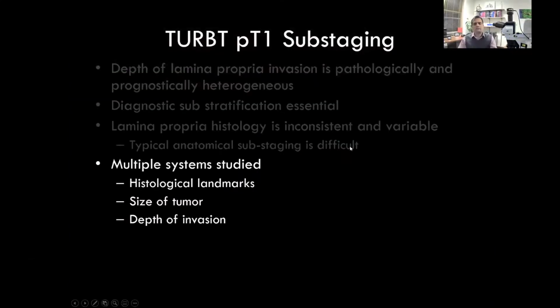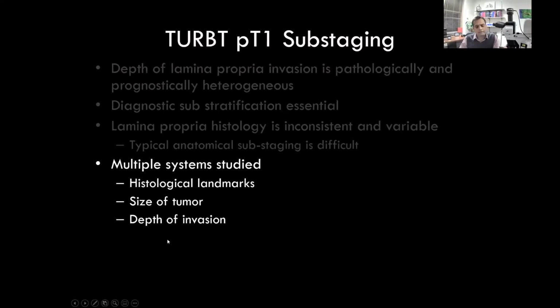So that's why multiple systems have been studied, which includes these histologic landmarks. And then people have also extensively studied measuring the size of the tumor and trying to determine prognosis from that. In fact, this probably will be the most adoptable strategy for substaging pT1 into either greater than 1 millimeter or less than 1 millimeter tumor.